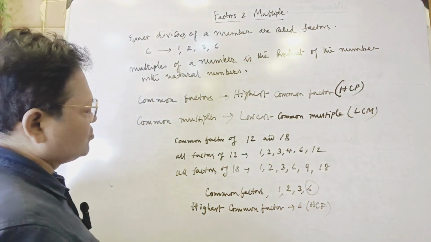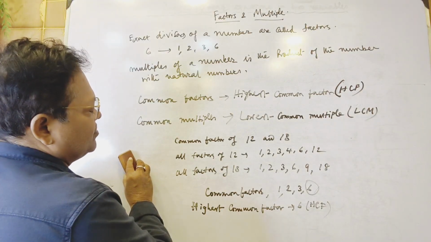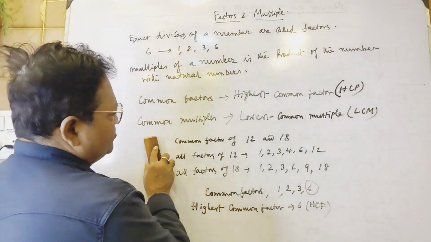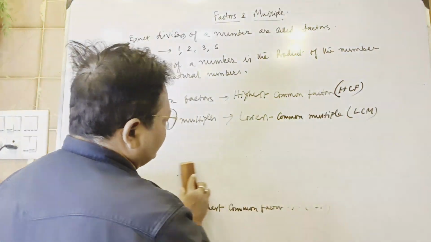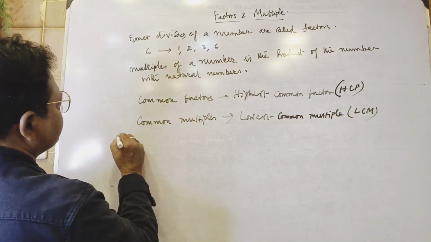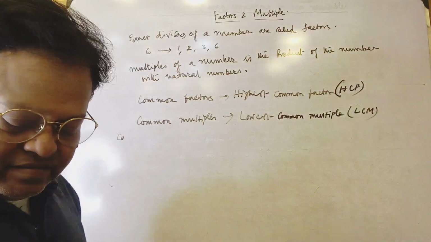Now in this way, you can also find the common multiples of 12 and 18.